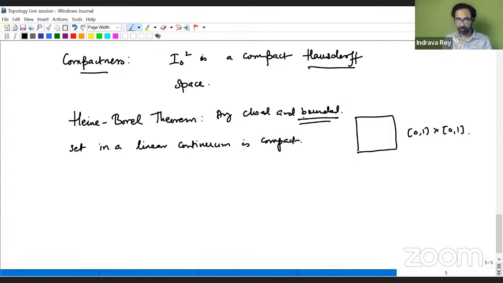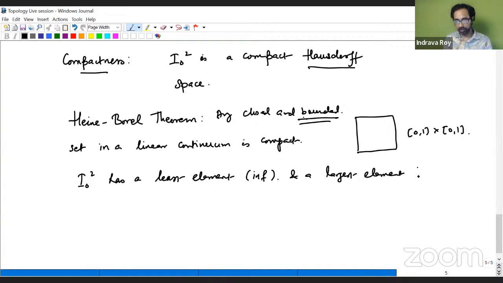So this I0 square has a least element, or an infimum, and a largest element, a supremum. So what is the infimum?